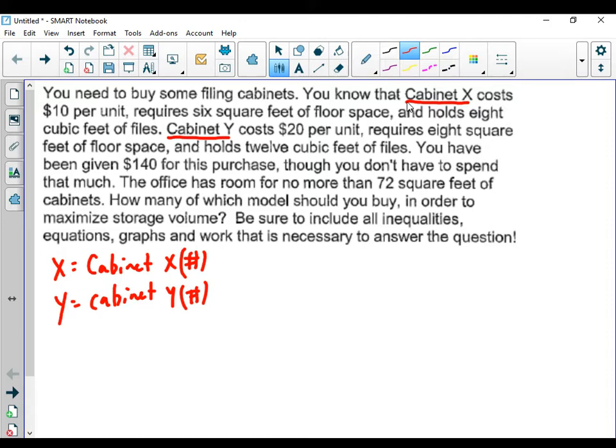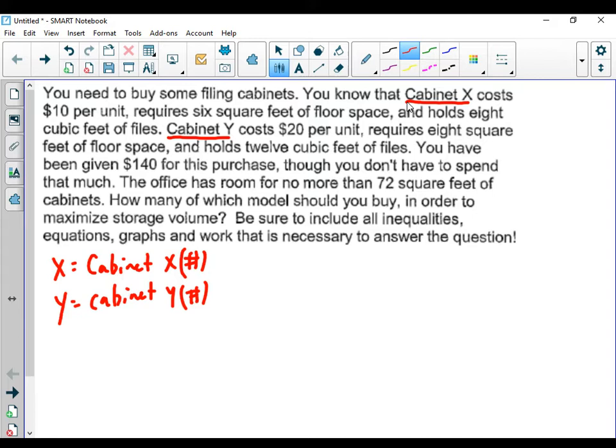So that's a variable. The second thing we got to start thinking about is, well, what are our restrictions? What are our limitations for this situation? So let's read through the problem here and see what kind of limitations we have. That's going to help us set up some inequalities. Well, the situation talked about you're going to buy some file cabinets.